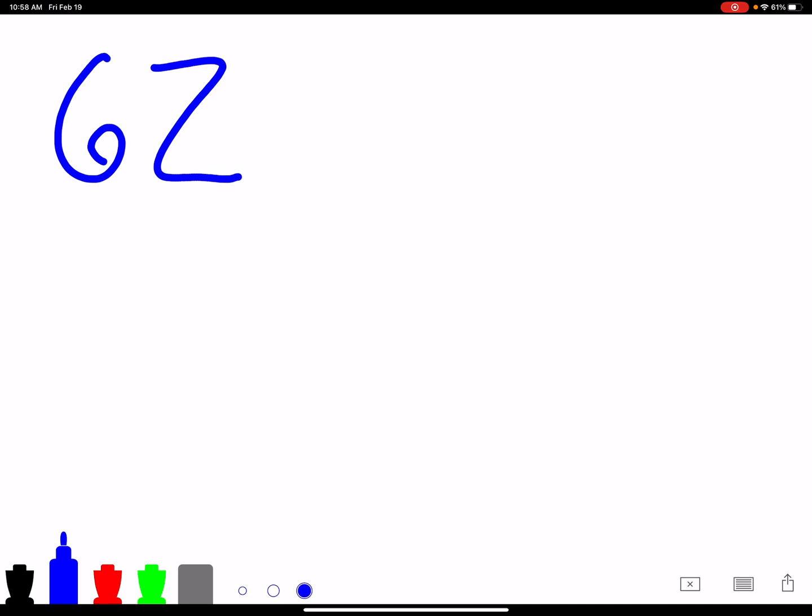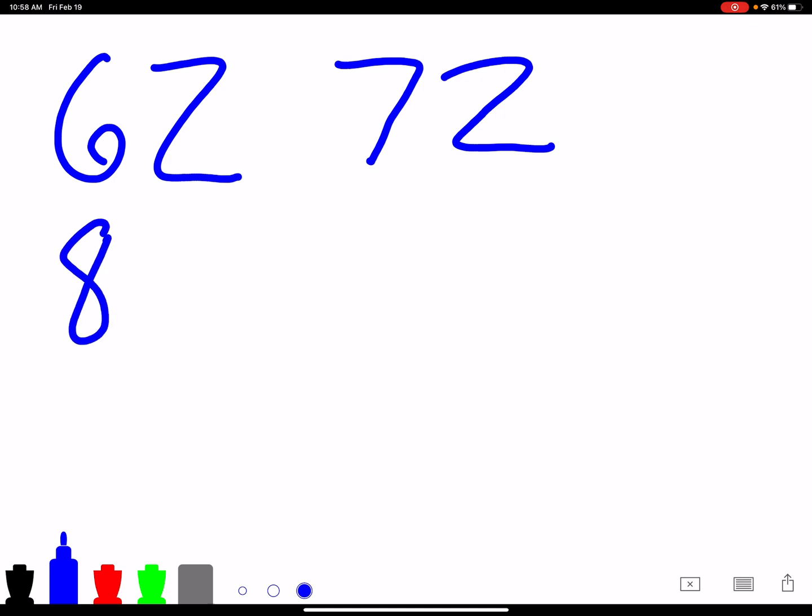Well, if we add 0 to 2, it would be 2 because 0 has no value. And if we add 6 plus 1, we would get 7. So we would get 72. And then if we add 10 to 72, we would get 82. And then 92.